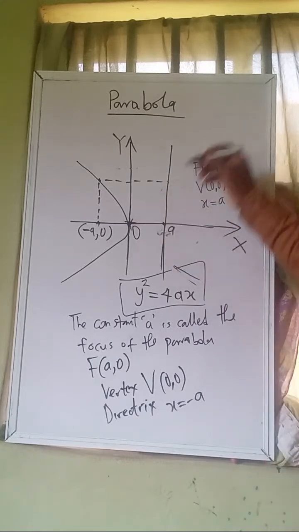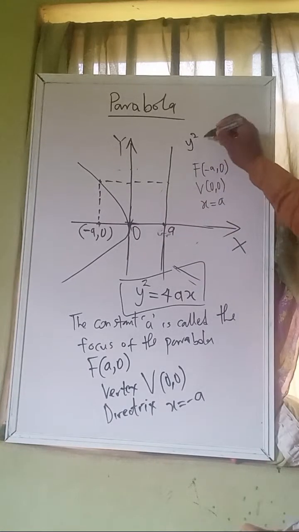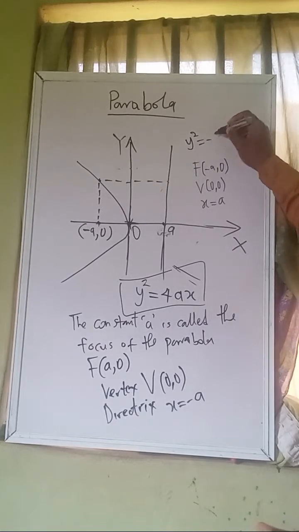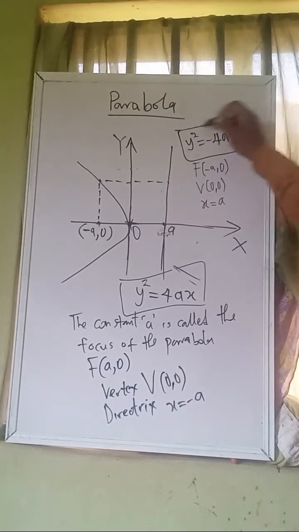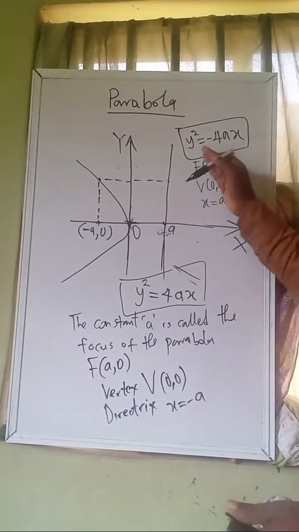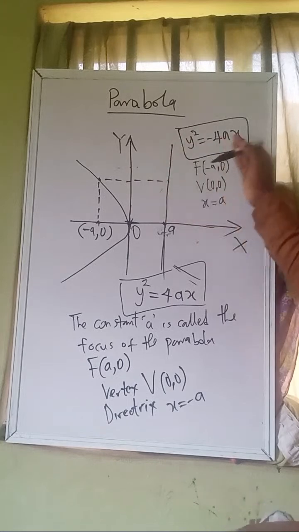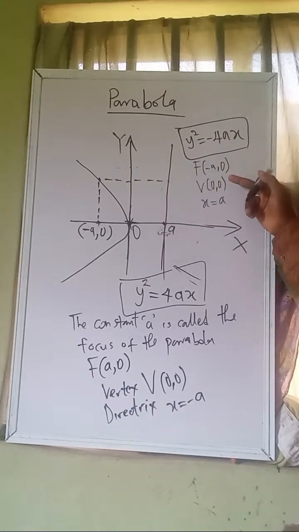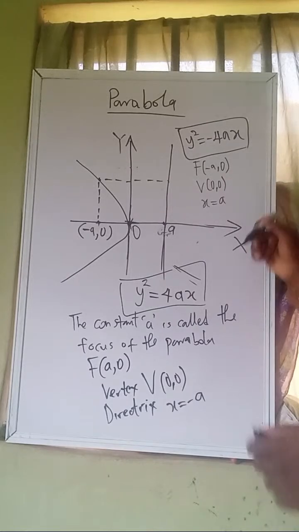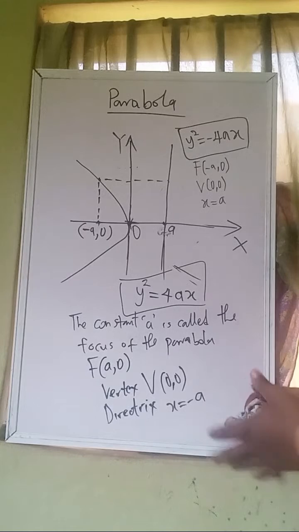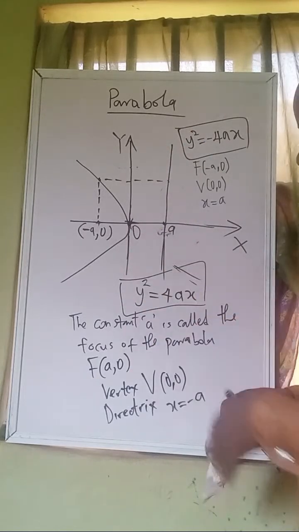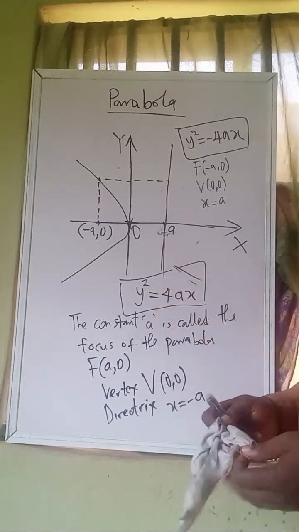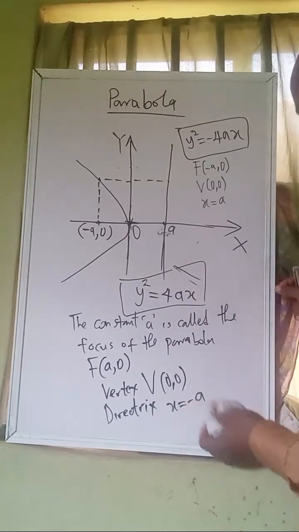So here, the equation of the parabola would be negative 4a x. So this is the equation of a parabola whose focus is this, whose vertex is this, and whose directrix is this. So let's see the curve that faces towards up, and then the one that faces towards that, so that we can represent those with an equation.